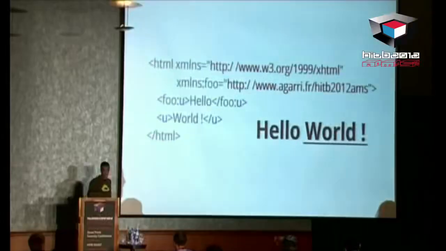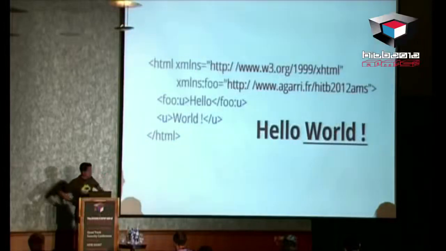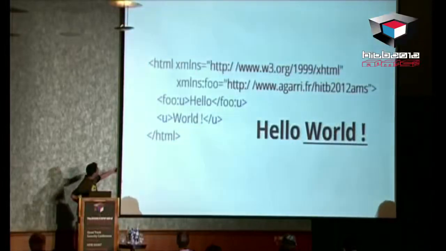Extensibility is very important. And in order to understand extensibility, we need to understand namespaces. Namespaces are used to define the precise meaning of a tag, and they are usually defined by a URL. So that's a very simple example. We have an HTML document with 2 namespaces.